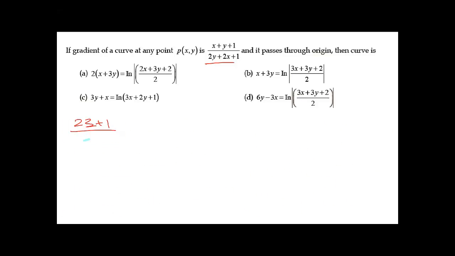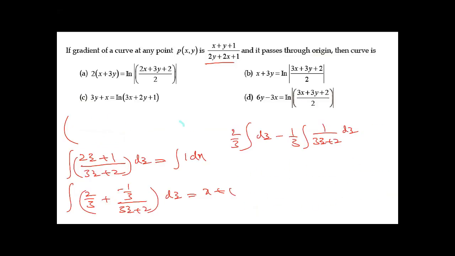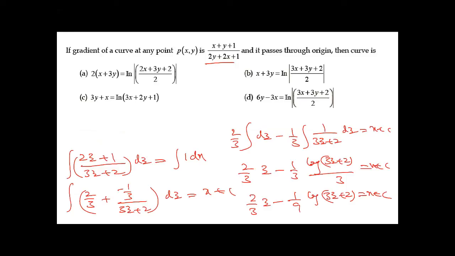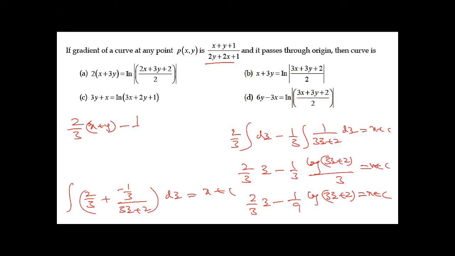Now apply LCM on the left side because it's a little long question, and you have to do a lot of calculations. Now 2 by 3 z value x plus y minus 1 by 9 log of 3x plus 3y plus 2 equal to x plus c.